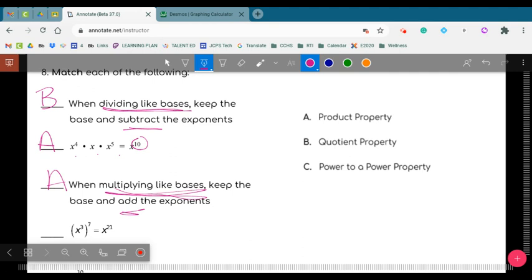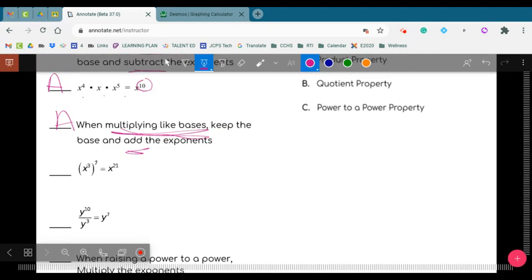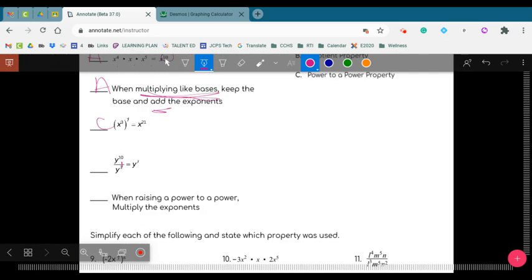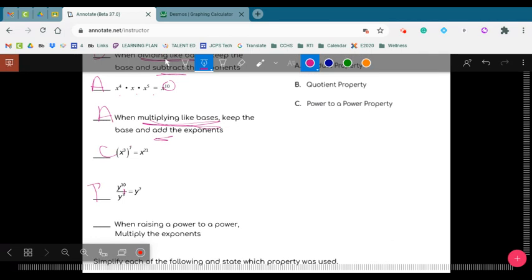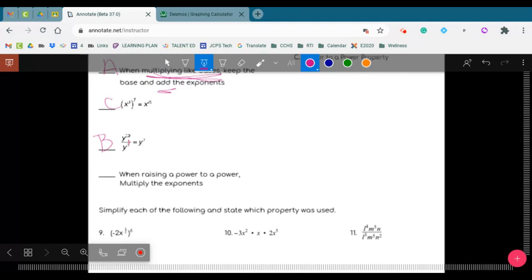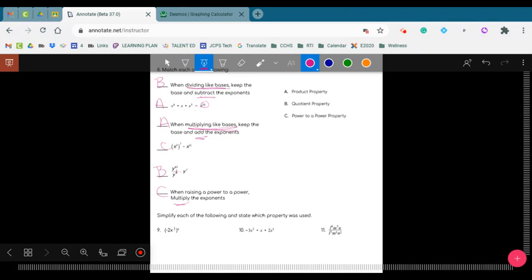That is, again, A. This one is a power to a power because they multiplied, so this is C. This one they subtracted, so it's the quotient, which is B. And then raising a power to a power, when we multiply, this is the power to power rule. So if you know the examples, at least go to the examples and think about what they did, and then go back and look for keywords in your phrases to help do this matching.